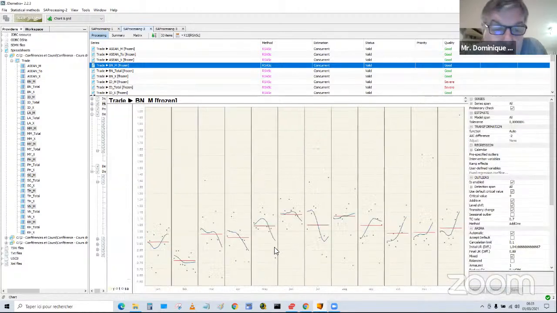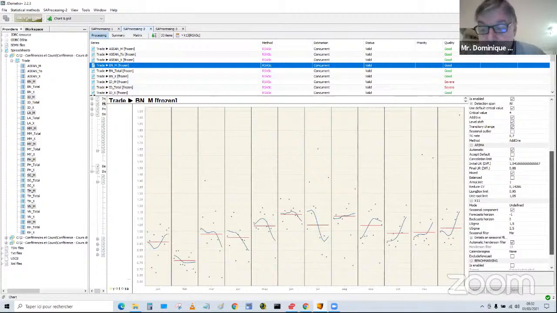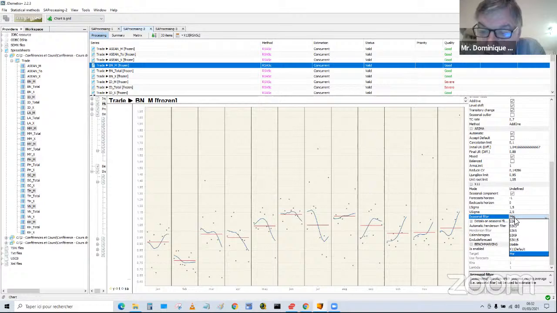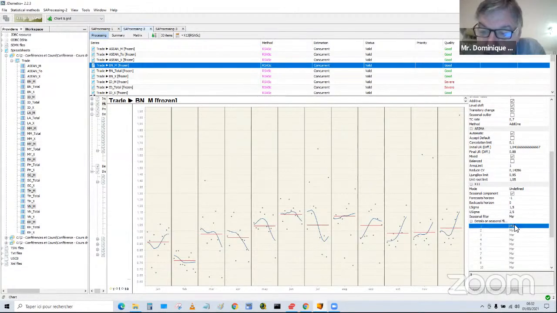I will try to play on this first one first, just to show you the differences. I can change the moving averages. So in X11, the seasonal filters, I can change them. So I can change for each one. I can, for example, change the first one, just to show you the difference, okay?